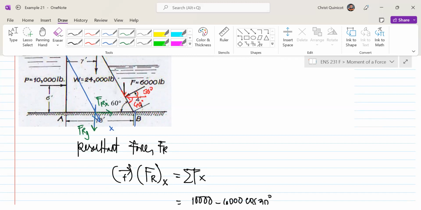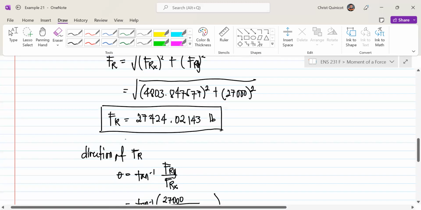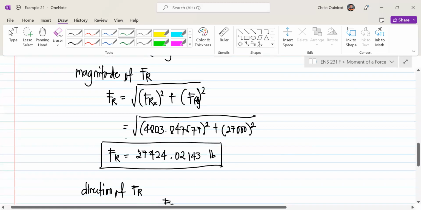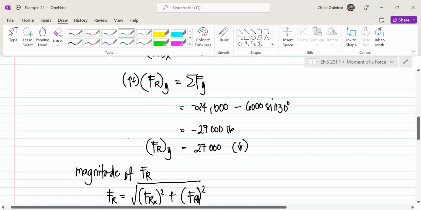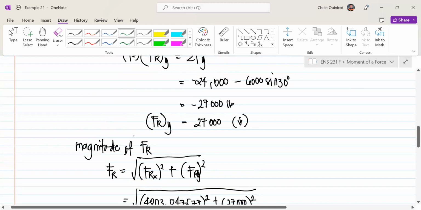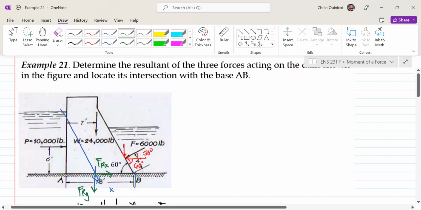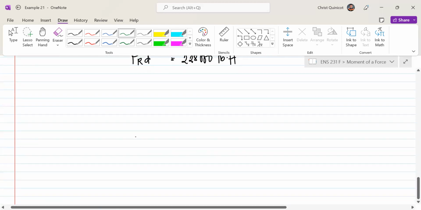The perpendicular distance of F sub Rx is 0, and the perpendicular distance of F sub Ry is x, which is the distance where F sub R passes through AB, measured from B. F sub Ry is 27,000, going down, it creates a clockwise moment.